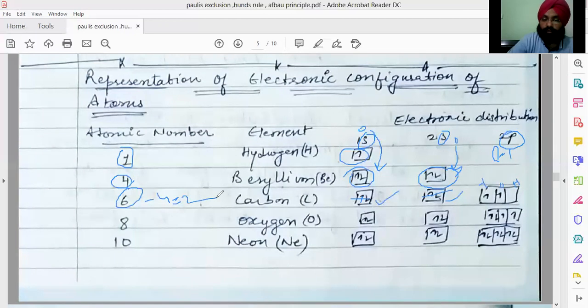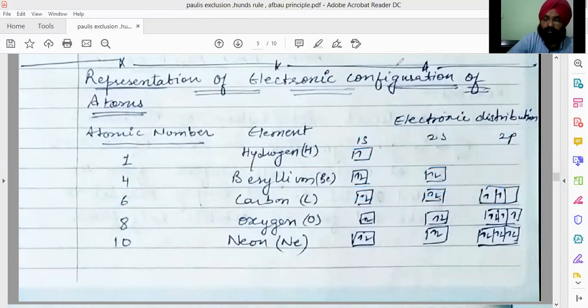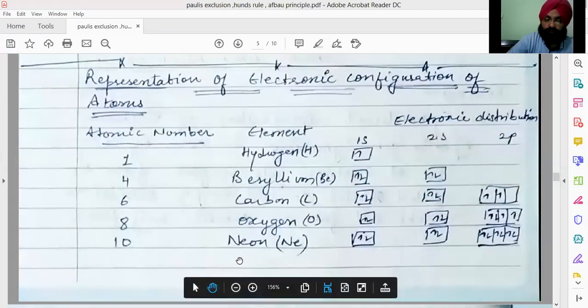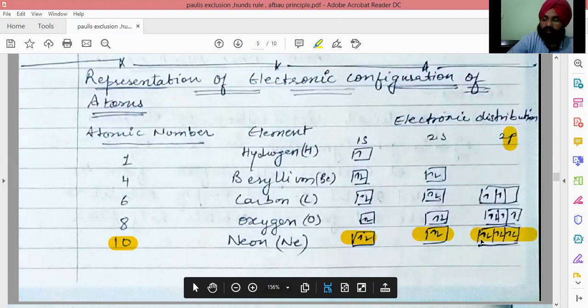The remaining 2 will go in 2p. Likewise the other configurations. Neon: atomic number 10, 10 electrons. So 1s2, 2s2, and 2p6. So remember, for p there are 3 orbitals, for s only 1 orbital. For p, l is equal to 1, so 3 orientations are there.